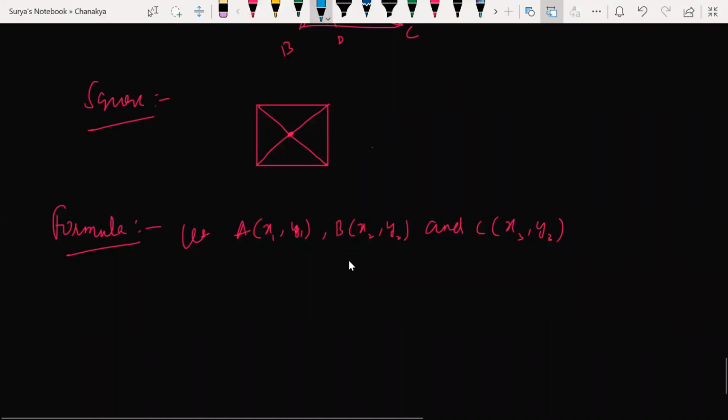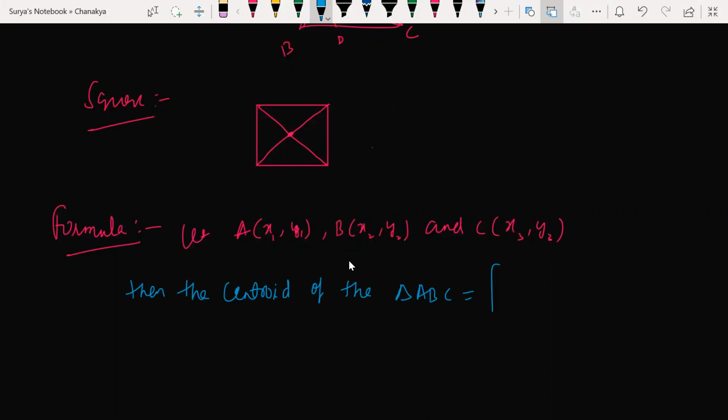Then the centroid of triangle ABC is equal to x1 plus x2 plus x3 by 3 comma y1 plus y2 plus y3 by 3. Okay, beta, this is the centroid formula.